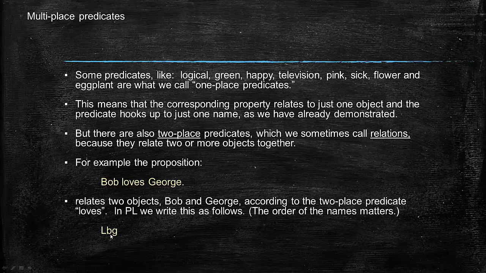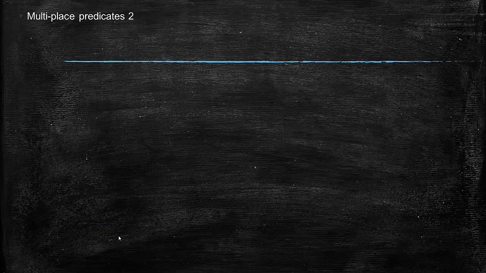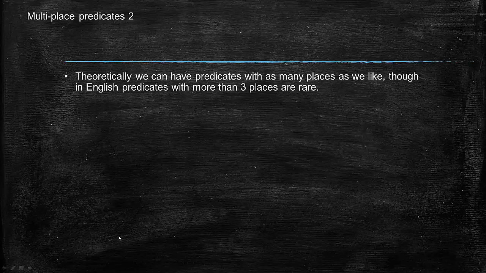This is big L, little b, little g, and this says that Bob loves George. So theoretically, we can actually have predicates with as many places as we like. We can call them multiplace predicates. But in English, it's pretty rare to have more than three. There are a lot of common three-place predicates.